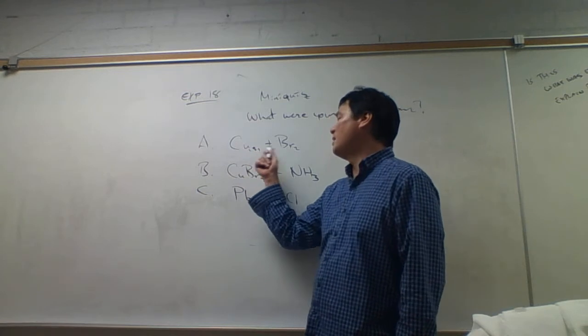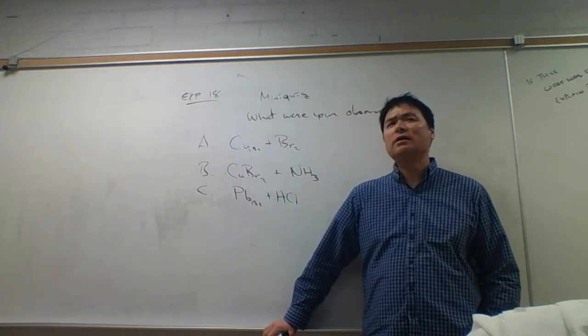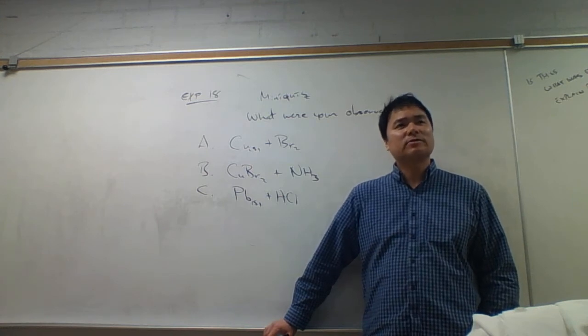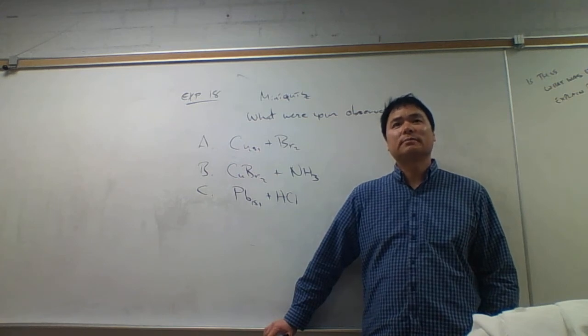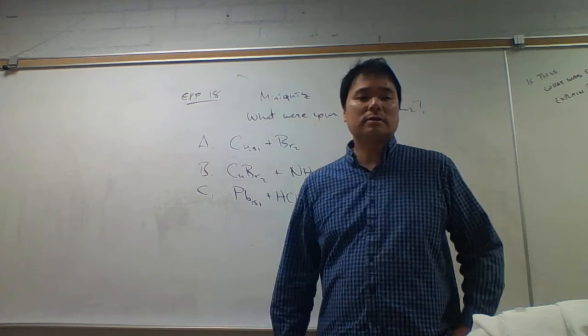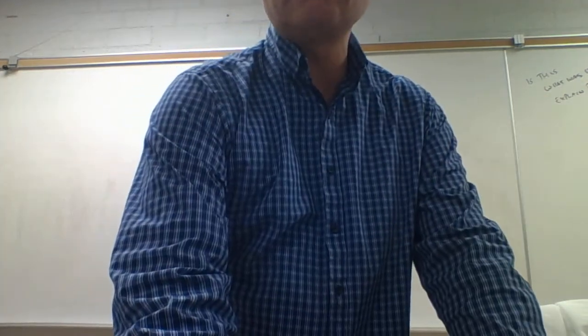Were those kind of expected observations, or did some unexpected observations occur with these reactions? Just explain it a little bit. All right, so this is just a mini quiz. It's not worth that much. I just want to see what people have written down for observations.